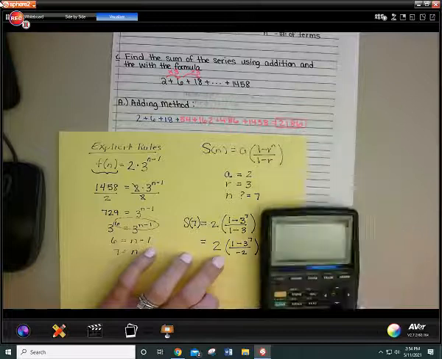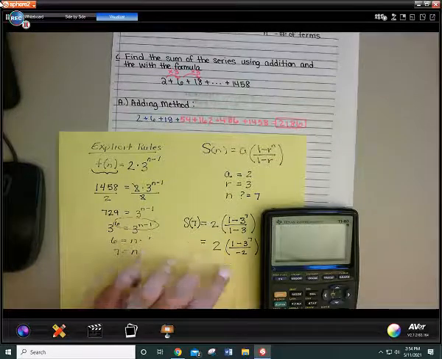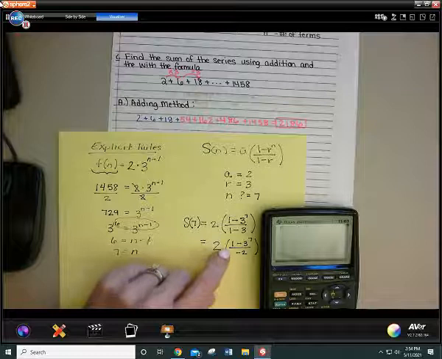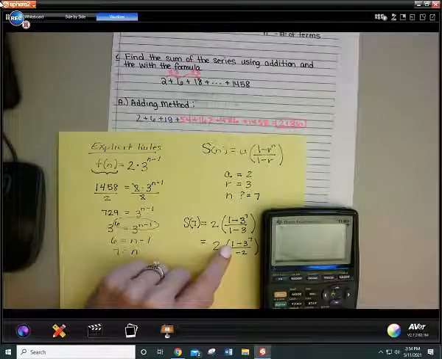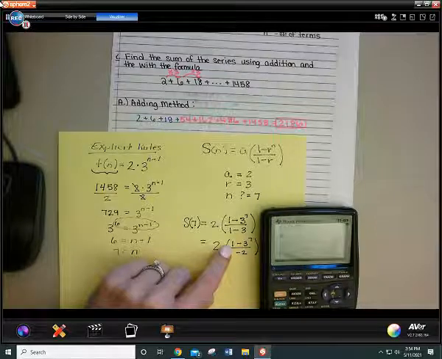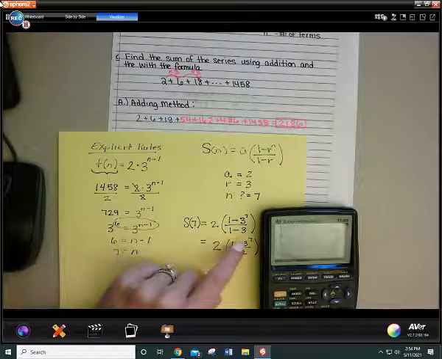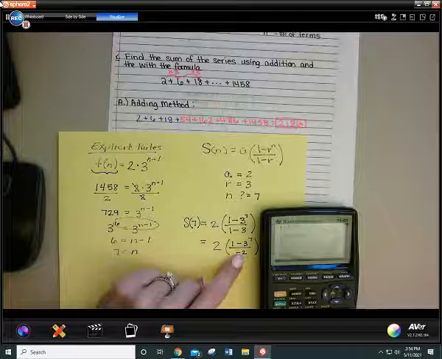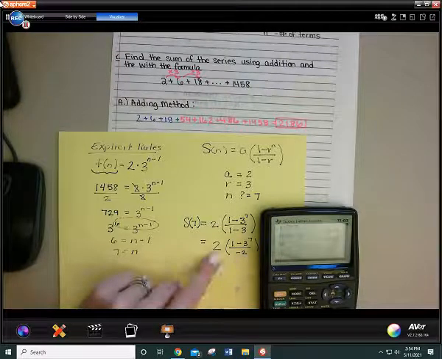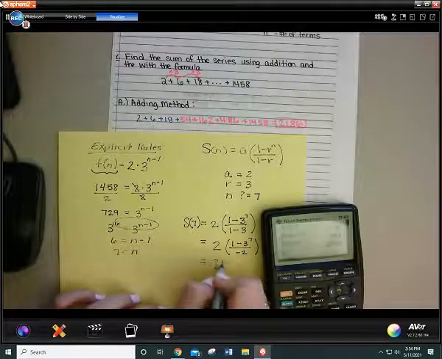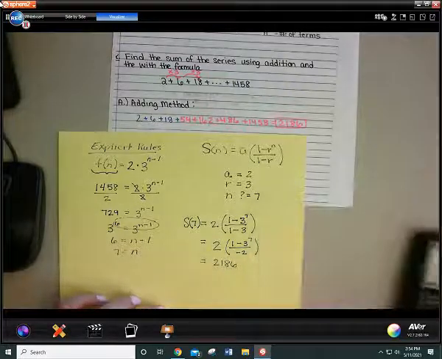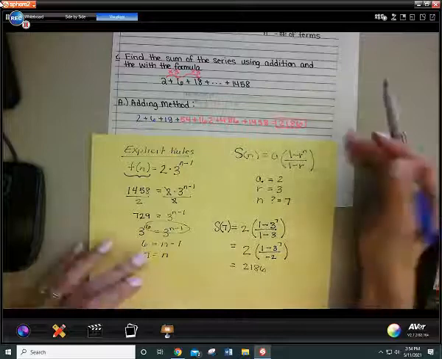You guys might be able to type it in a little bit better. So I'm not going to do the 2 first. I'm going to do the 1 minus 3 to the 7th. Okay, so that's my numerator, and then I'm going to divide that by negative 2, and then multiply it by 2, and I get 2,186.